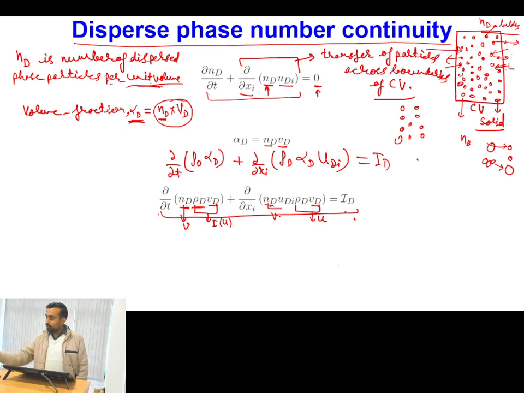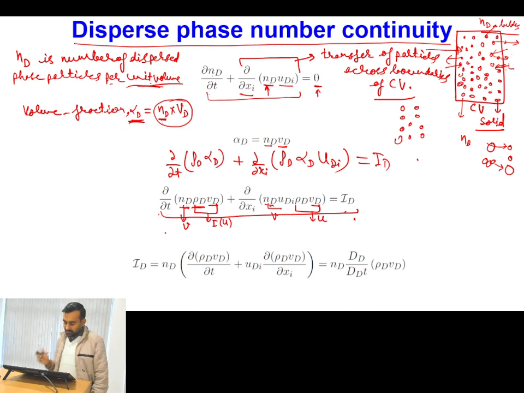So if I do so, and if I apply the chain rule of derivatives, then ultimately I will get Id equal to nd common, del by del t of rho d Vd plus udi into del by del xi of rho d Vd.